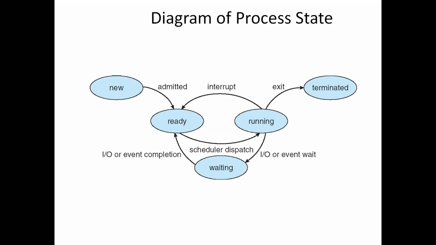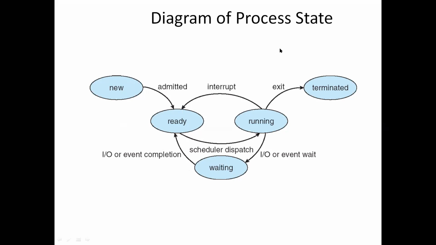Many processes may be ready and waiting for the processor. When one process is executing, all other processes should be in one of these states: some in the new state, some in the ready state, some in the waiting state, some in the terminated state.